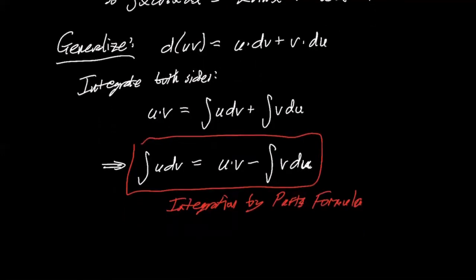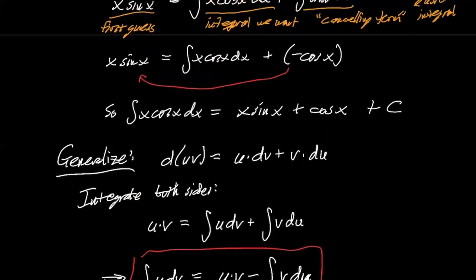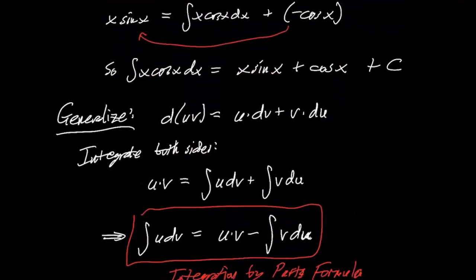Again, just comparing to the example up here, u is right here, this is dv. So this is the integral that we started with in the example. The idea is recognizing that we have one function times another, but the other we want to think of as the derivative of something, because we're going to end up integrating it, anti-differentiating it to get the sine there.